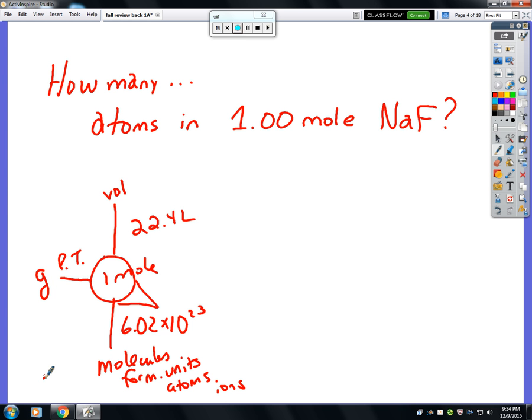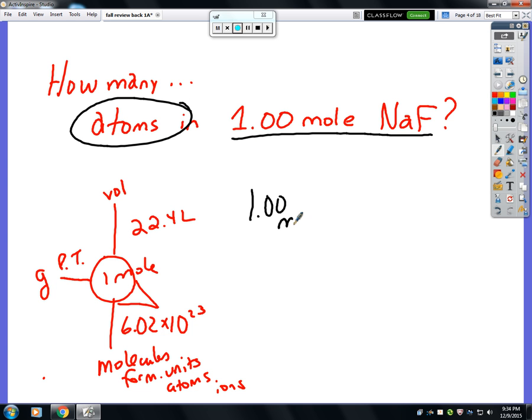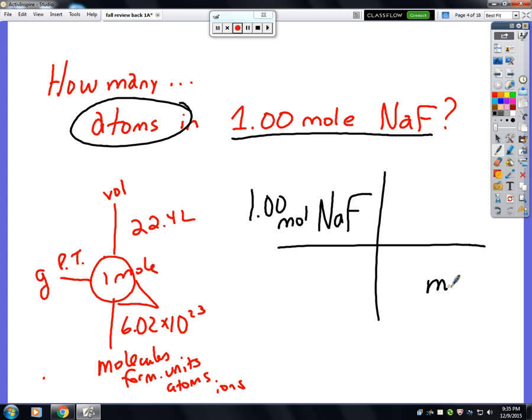So let's do this problem, all right? Now, how many atoms are in 1 mole of NaF? I am underlining this. I don't know atoms, so I write 1 mole of NaF. And I'm going to go ahead and say I do not want moles. I do want atoms.